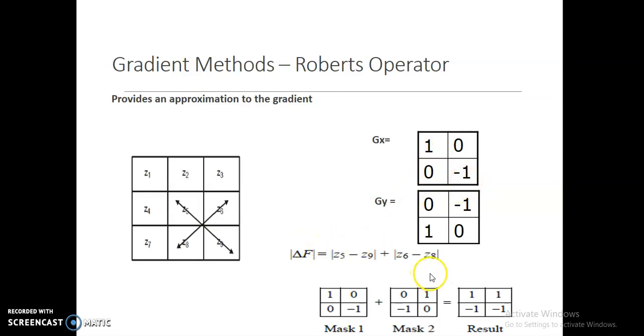Similarly, Z6 minus Z8, or we can write it as Z8 minus Z6, so 1 for Z8 and -1 for Z6. If we add both these, this is the Roberts operator: 1, 1, -1, -1. Here we have values in all the boxes, all the coefficients. So this is the Roberts operator.